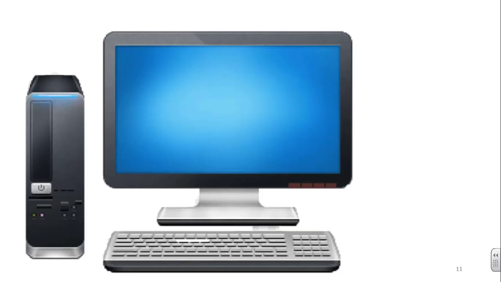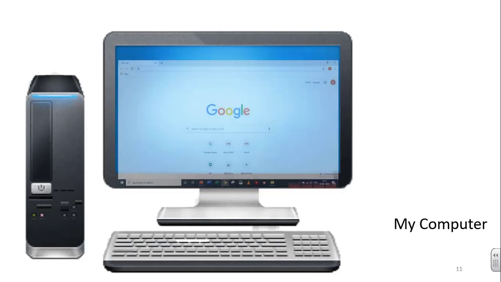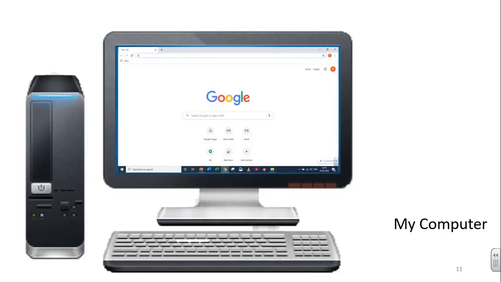Now look at this case. This was my computer, and on this computer we opened the Google Chrome browser. We have written the domain name, that is http://www.microsoft.com.us, and my browser takes this information to the DNS server.